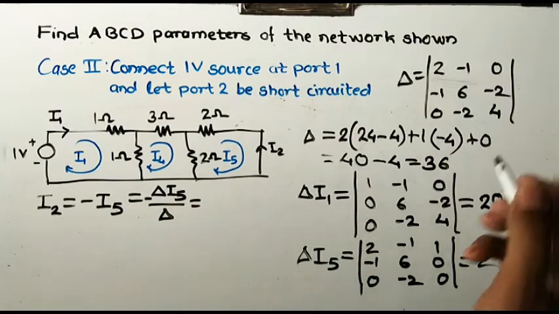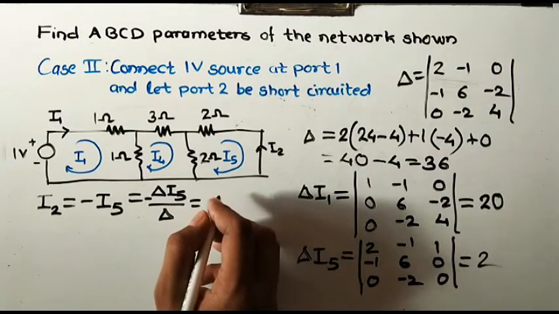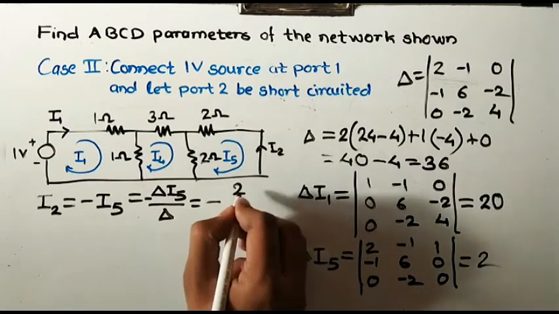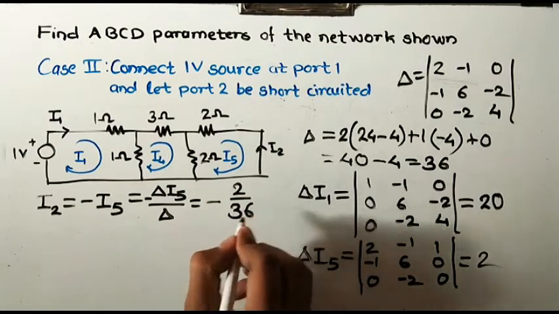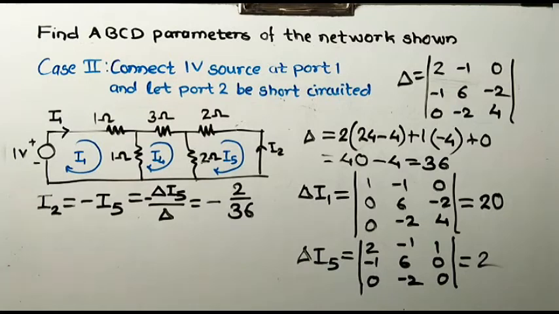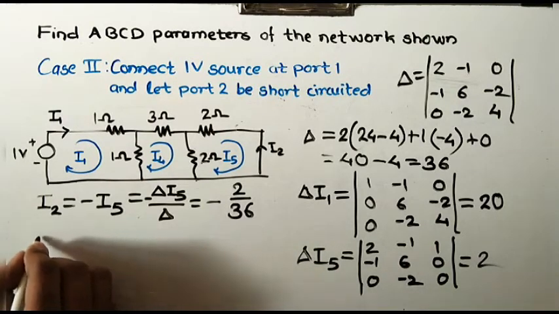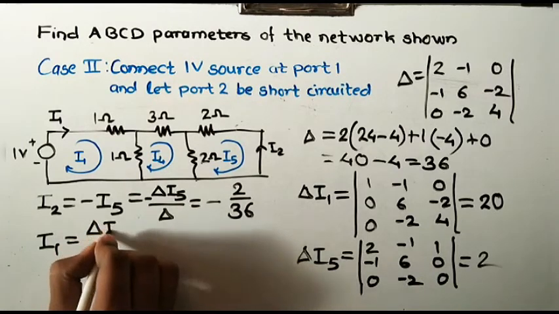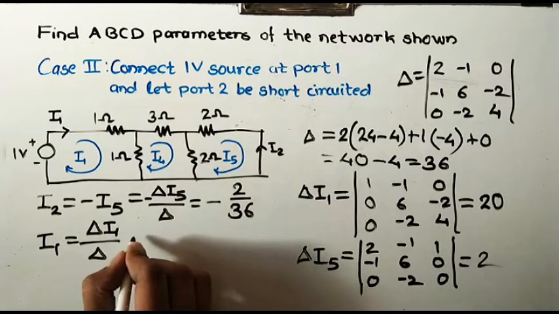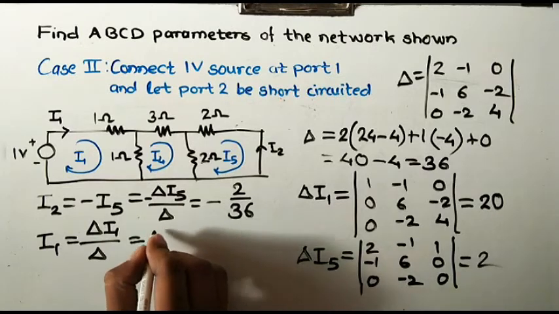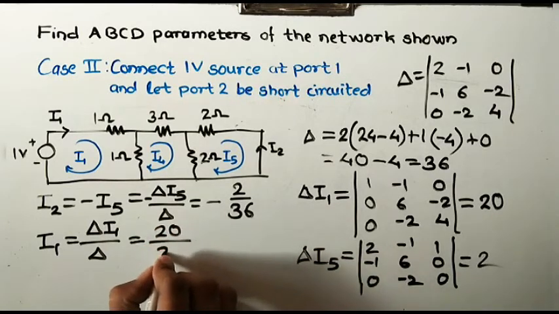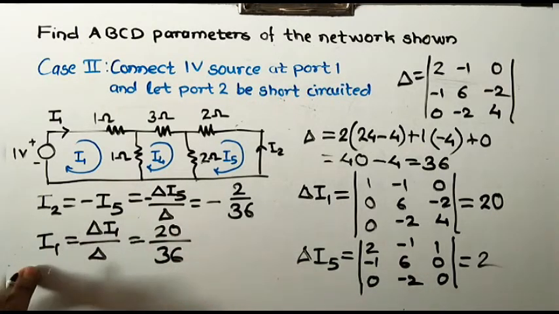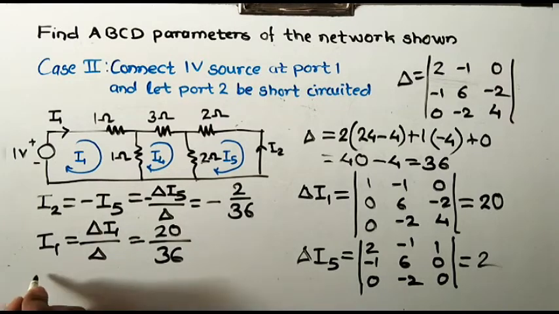So after solving this, you will get I2 equal to 2 upon 36 with a negative sign, that is minus 2 upon 36, and I1 is nothing but delta I1 upon delta, which is equal to 20 upon 36. So that is the value of I1 and I2 respectively.